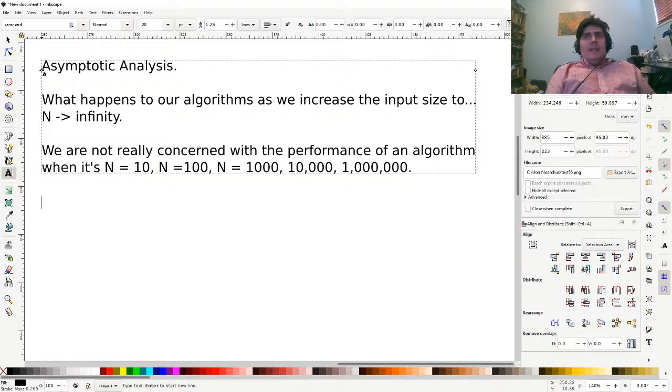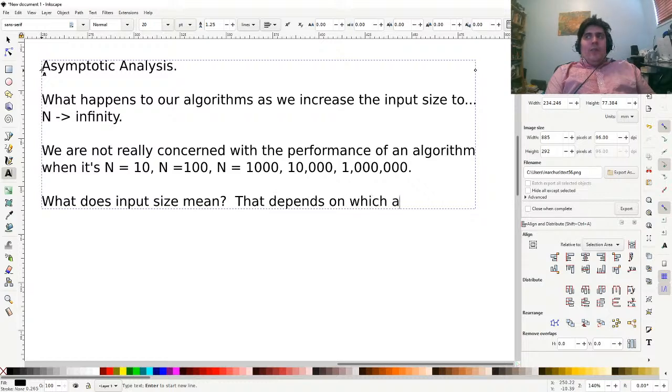And of course you might ask, what does input size mean? That depends on which algorithm we're talking about.